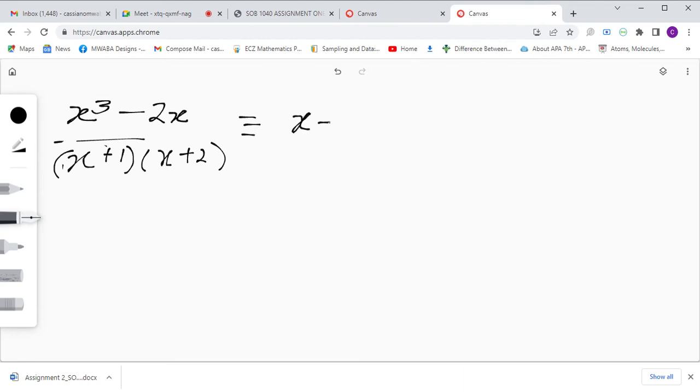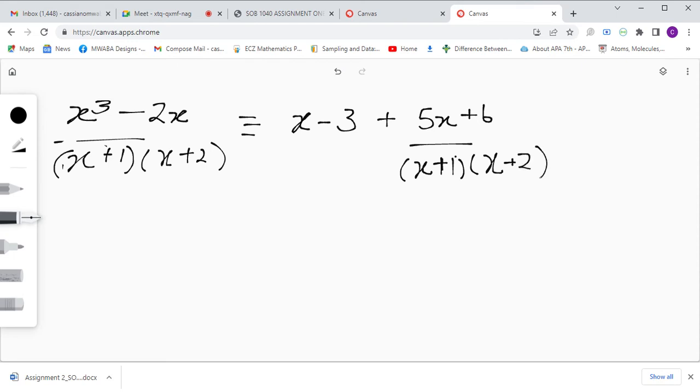I'm going to first put x minus 3 plus our remainder, which was 5x plus 6 over x plus 1 over x plus 2. But this is not the answer here.